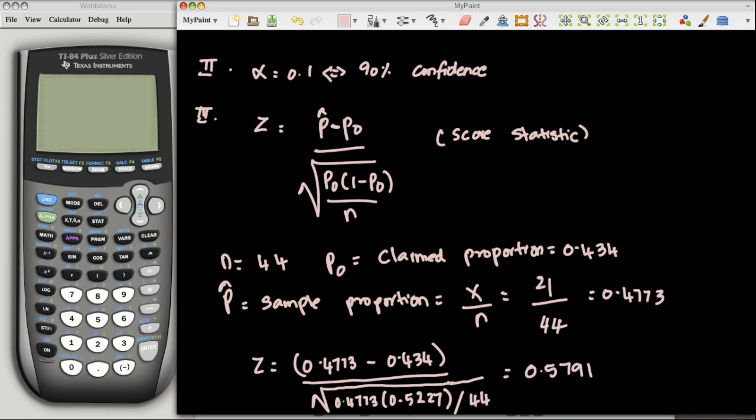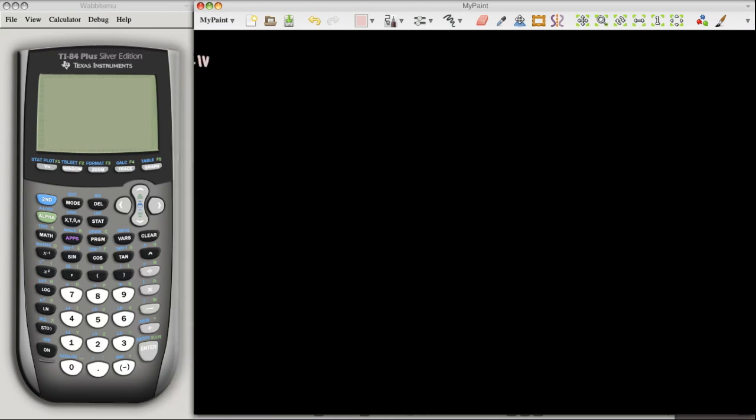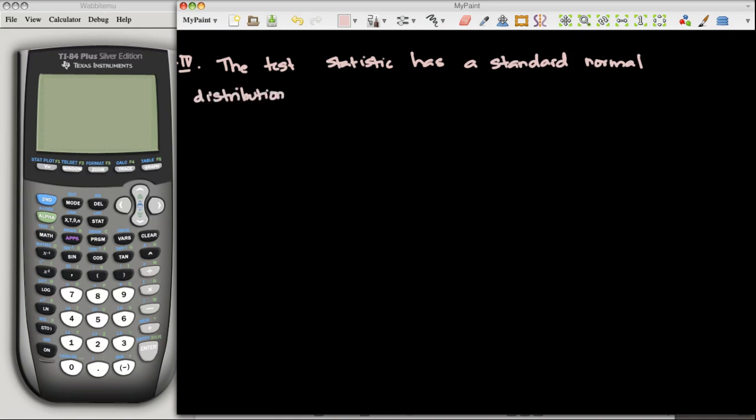Now that we've found the test statistic, the next step is to find a conclusion. You should recognize that in step 4, we determine the distribution of the test statistic, which in this case is a standard normal, which means it has mean 0, standard deviation 1.